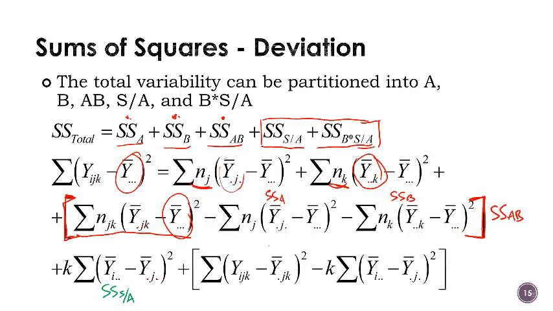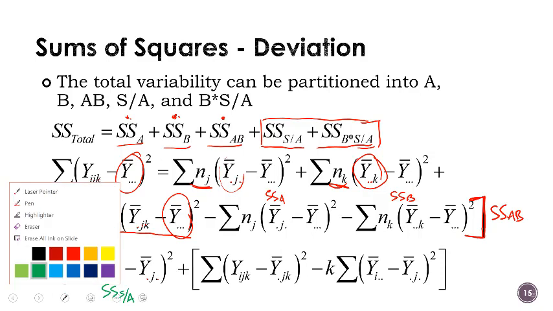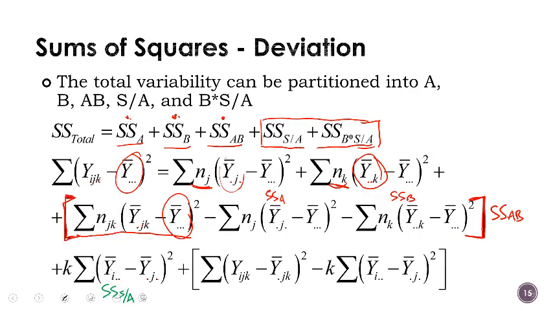Here, let's use a different color. Purple. So here we're talking about each individual and every J and K combination. So this is really every score. I'm subtracting out from that the average of each cell, each J and K combination.